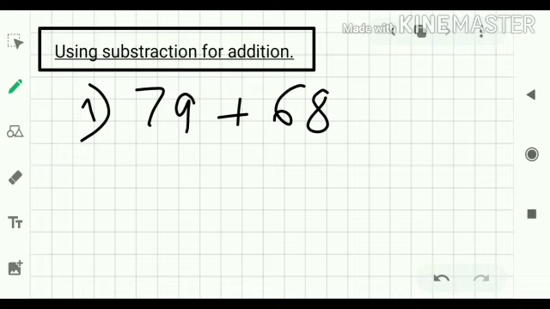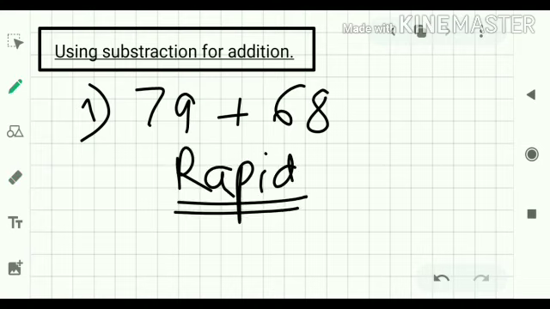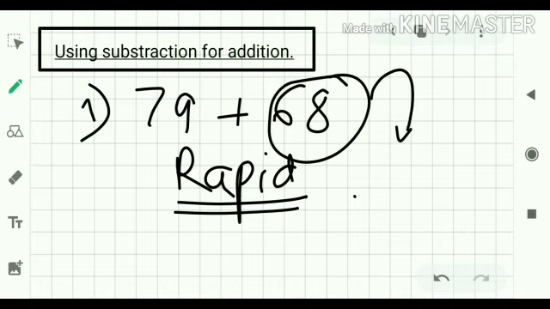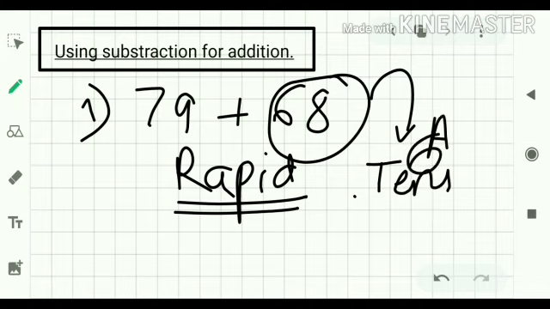In this rapid calculation technique, we are using one principle. If you look at all of the cases we have studied, we have converted a certain number into a multiple of 10.